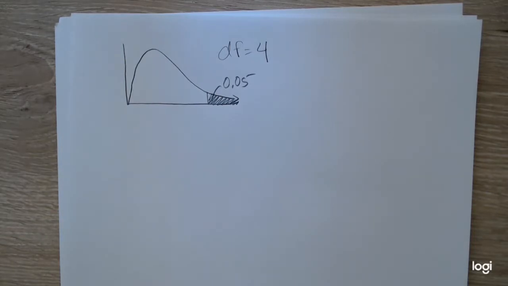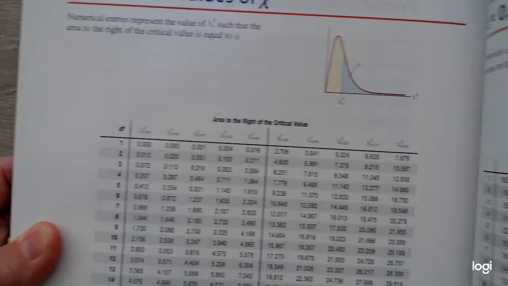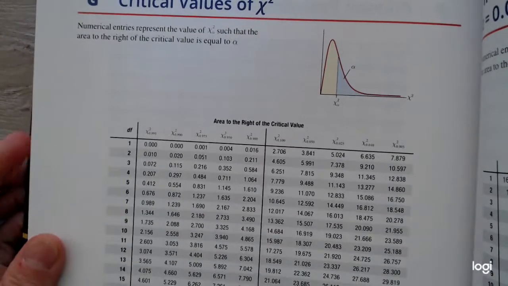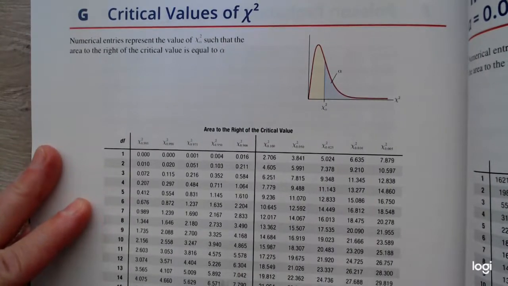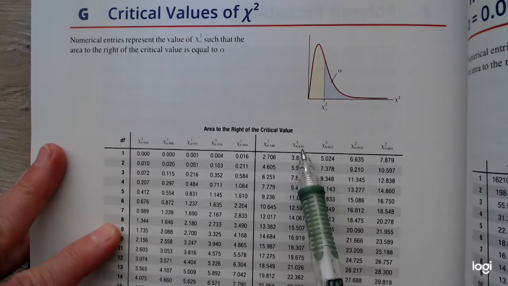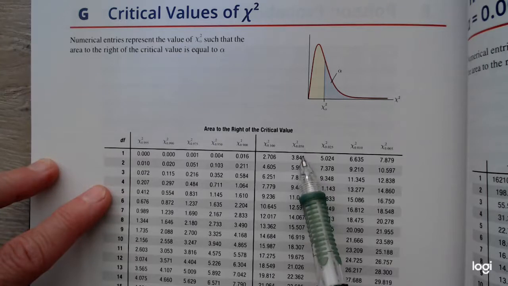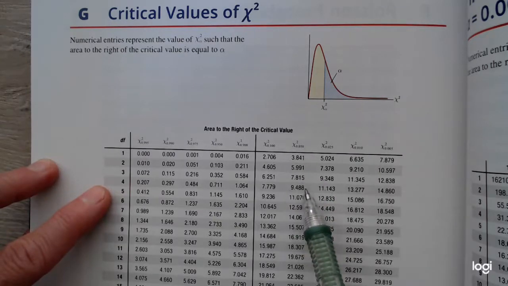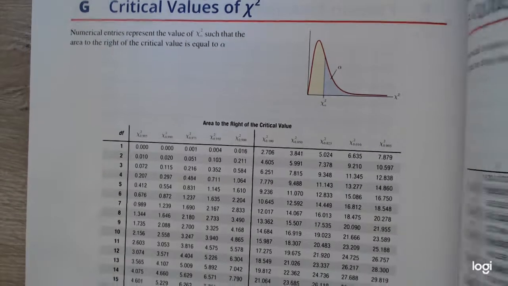Now, looking at the chi-square table that's in the current text I'm using, it reads from the critical value to positive infinity. So I want to read over to 0.05 amount of area in that right tail and down to 4 degrees of freedom. So this critical value is 9.488.